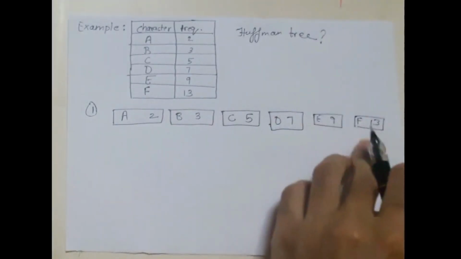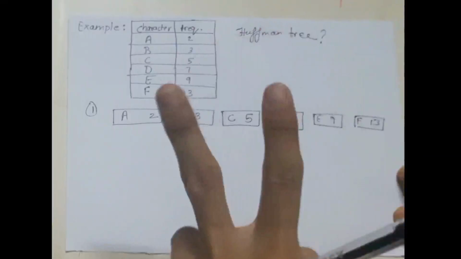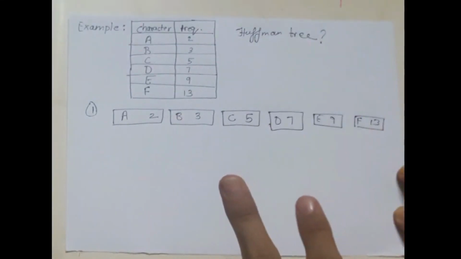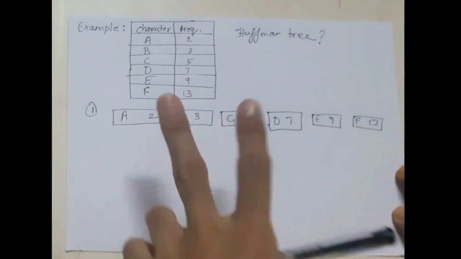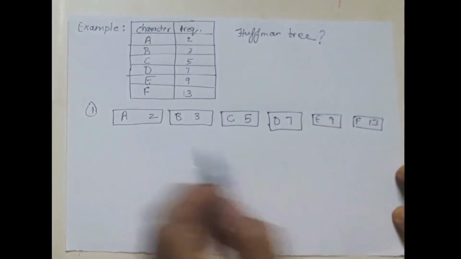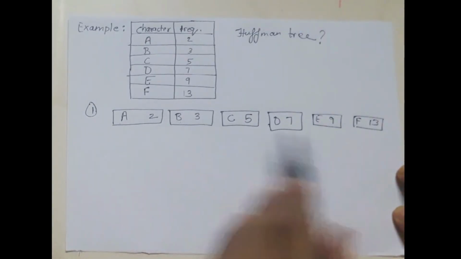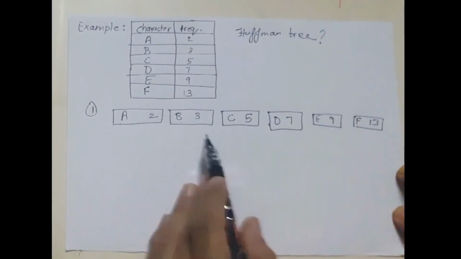Now the next step is to select two characters which have the least frequency. Among all these, we have to select 2 characters which have least frequencies. Those are A and B. A has 2 and B has 3, so these 2 have least frequency among all.